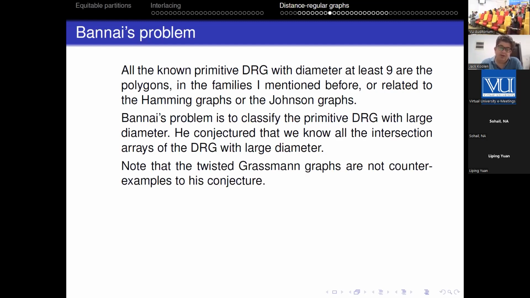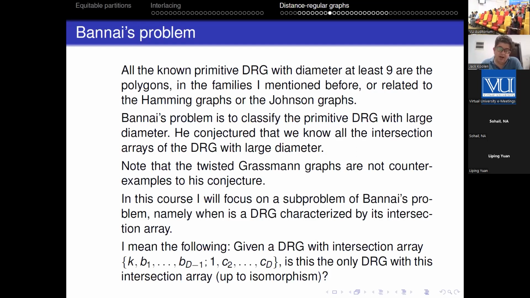That is what I said here. And I will now focus on a subproblem of this problem, namely when is a distance regular graph characterized by its intersection array. That means if you give a distance regular graph with a certain intersection array, is this the only distance regular graph? Or can you determine all the possible distance regular graphs with this intersection array?